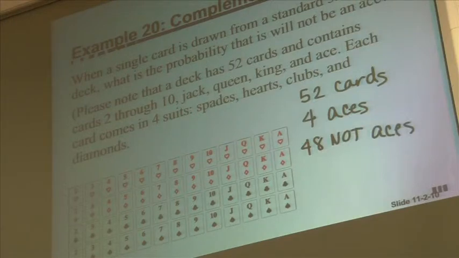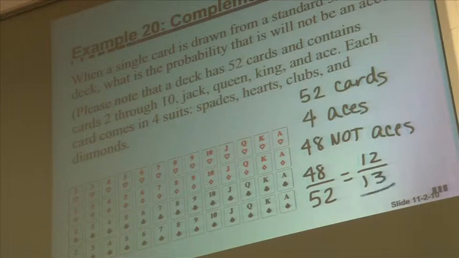So, go back to the question. What is the probability that it will not be an ace? 48 out of 52. If you reduce that, both numbers are divisible by 4, you get 12 out of 13. Yes? Okay. So this is where that whole idea of complement comes in.